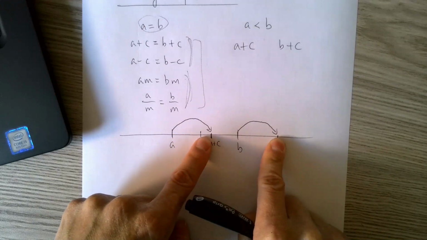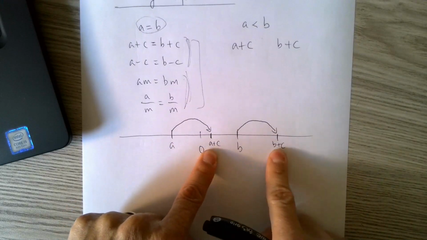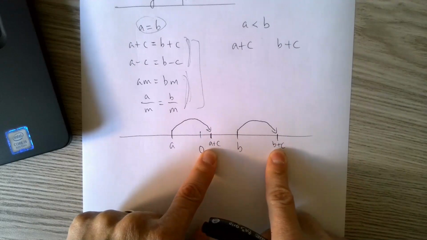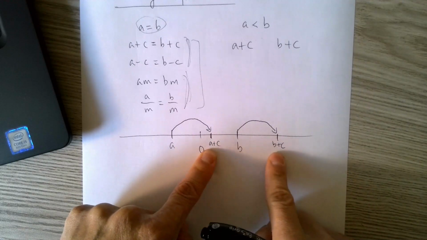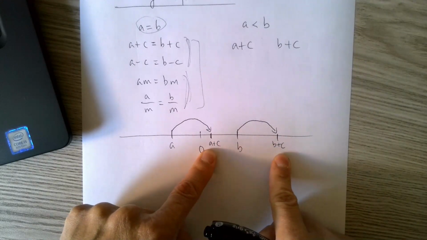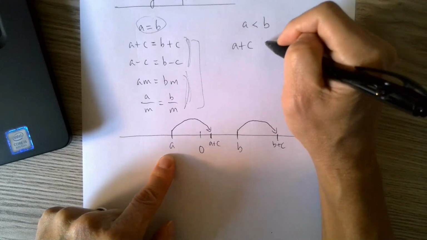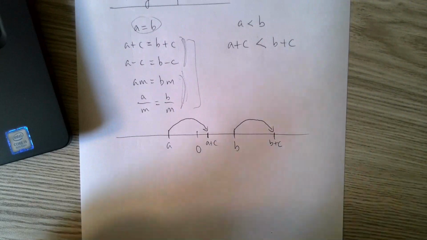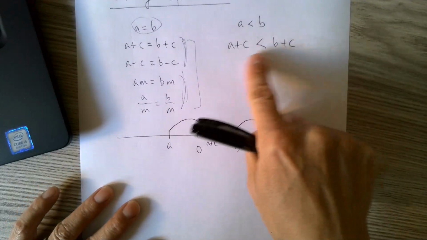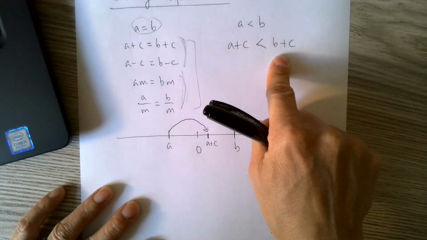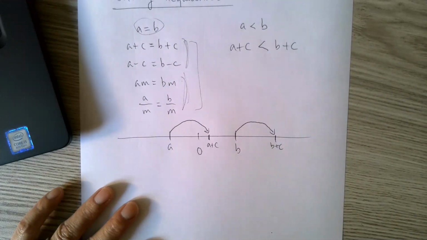So of course, A plus C will still be less than B plus C. In fact, they will be the same distance away from each other as A and B were. So if C is a positive number, the inequality is preserved. There is no change to the inequality. Left side is still less than the right side.